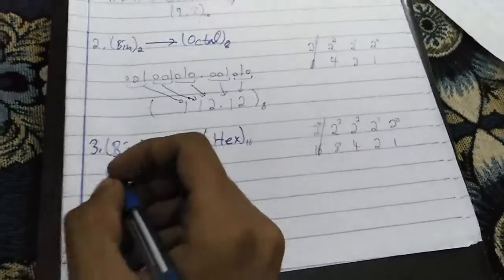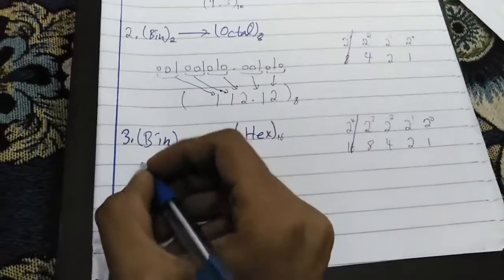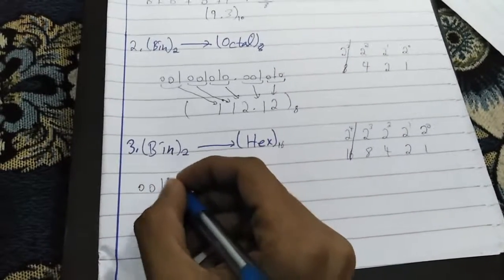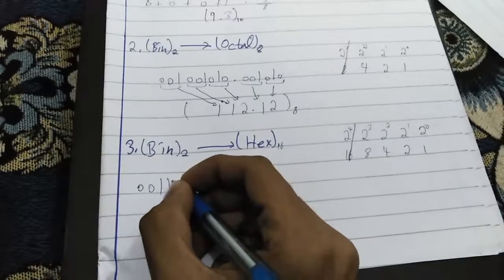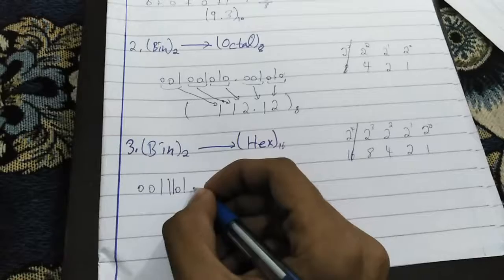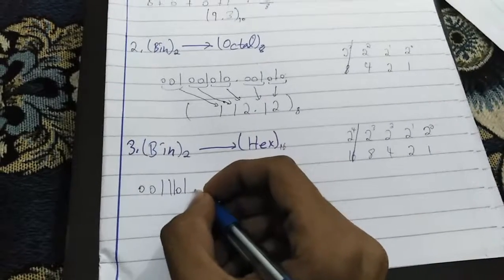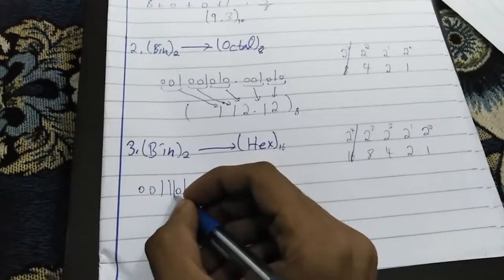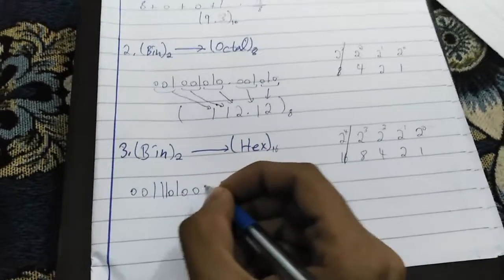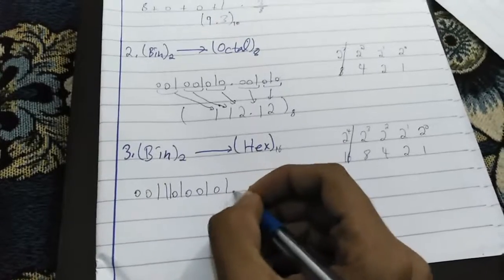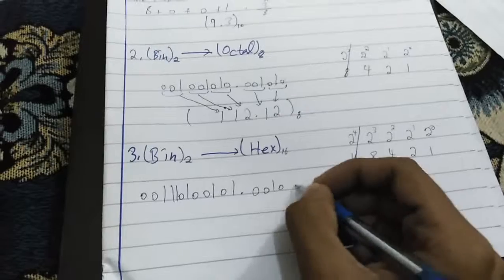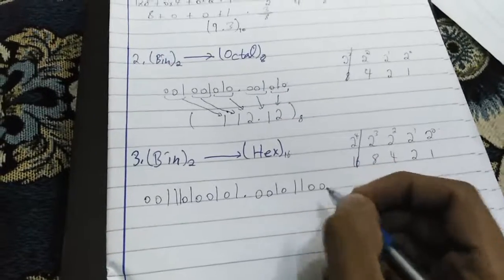Now let's see an example like 0 0 1 1 1 0 1, and we add some more digits: 0 0 1 0 1 point 0 0 1 0 1 1 0 0.